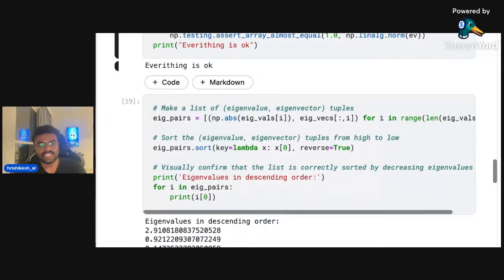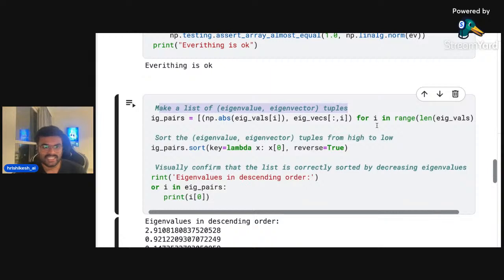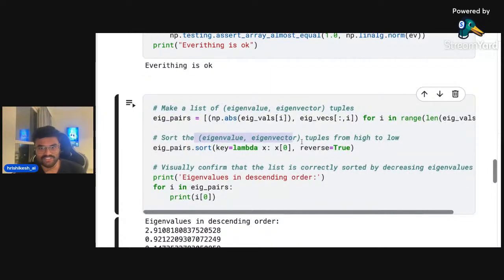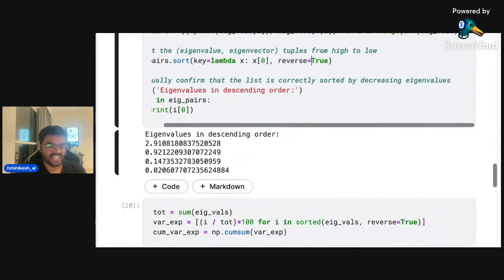So there is a need of making a list of eigenvalue and eigenvector tuples, and then sorting the eigenvalues and eigenvectors from high to low, because we prioritize the high ones since they contain higher information retention, so that we don't lose too much information while reducing it.